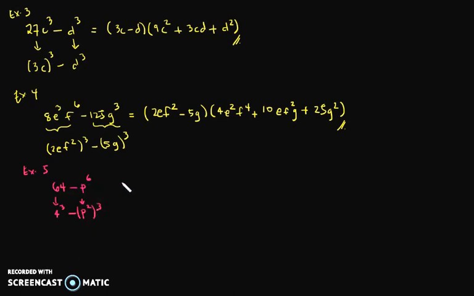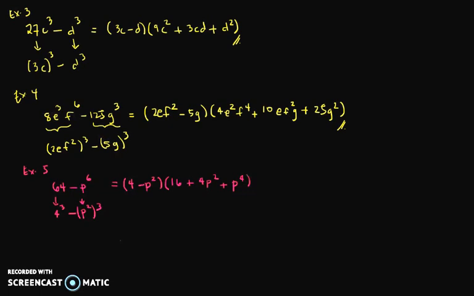Okay, so applying now the formula, we have the difference of the first and last, so that would be 4 minus p squared, multiplied by the square of the first, that would be 16, plus the product of the first and last term, 4p squared, then plus the square of the last quantity, and that would be p to the fourth.